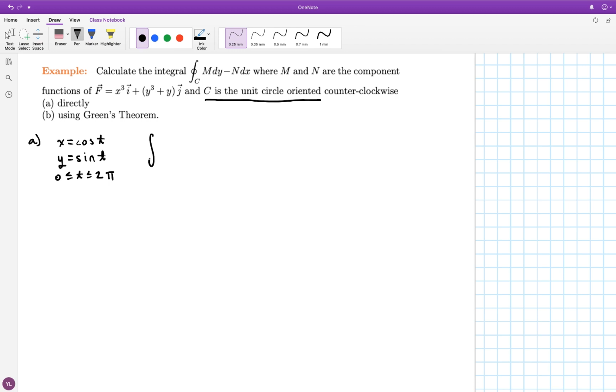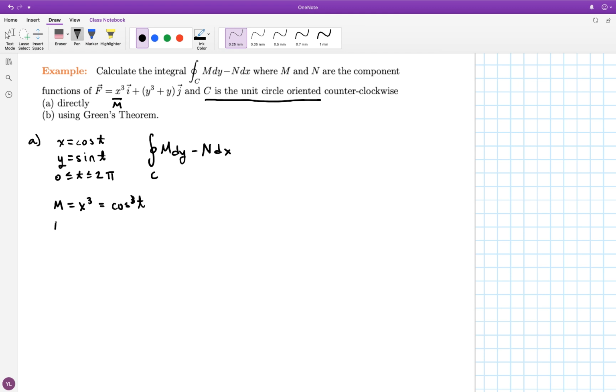Okay, and now for the line integral. The circle there is just emphasizing that the curve that I'm integrating around is closed. Okay, so let me write these components off to the side so we can see them clearly. M is the x component function of the vector field, and I'm going to evaluate that at the parameterization.